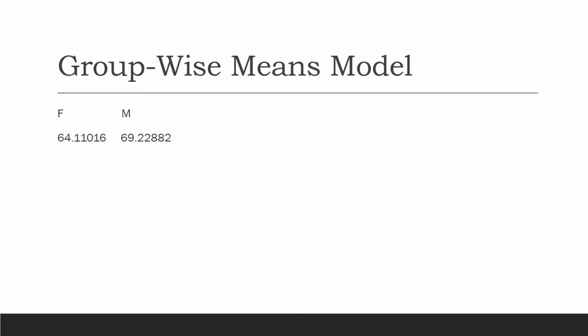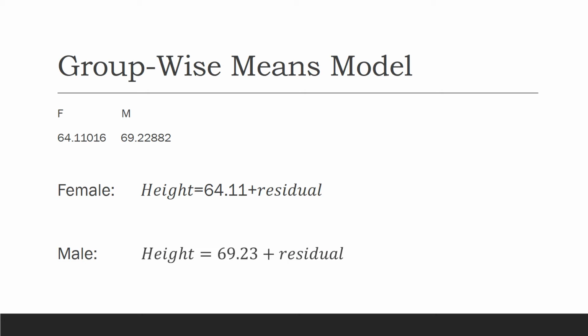The groupwise means model is going to model female height as being equal to the mean height among females, 64.11 inches, plus a residual. And for each male in the data set, it's going to model that male's height as being equal to the mean height among males, 69.23, plus a residual.